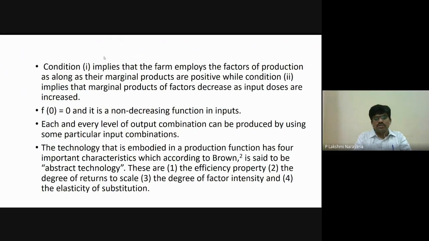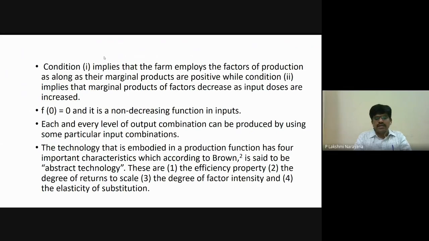So f(0) equals 0, no doubt, and it is a non-decreasing function in input. Each and every level of output can be produced by using some particular input combination.